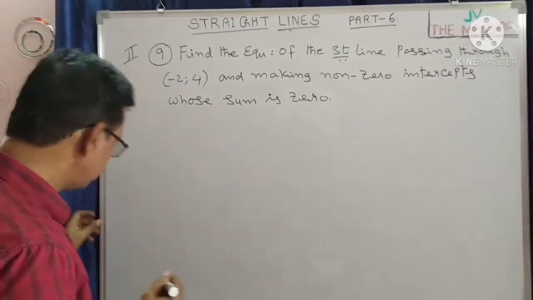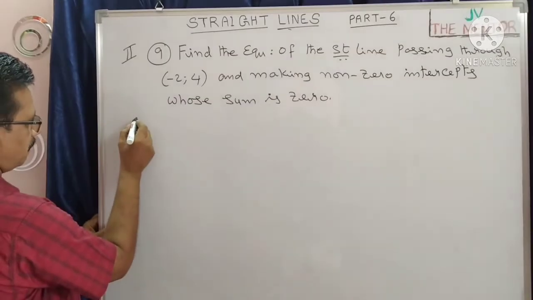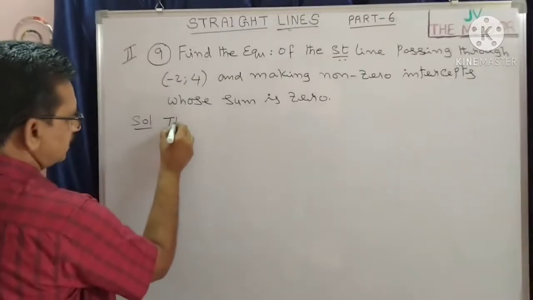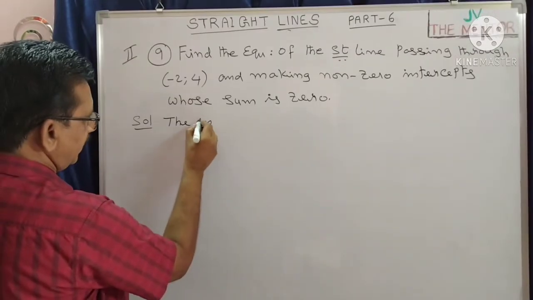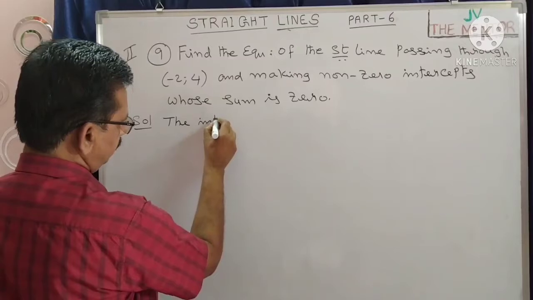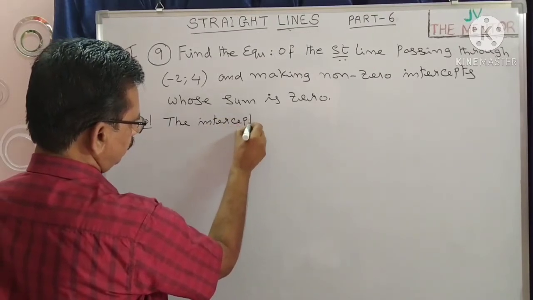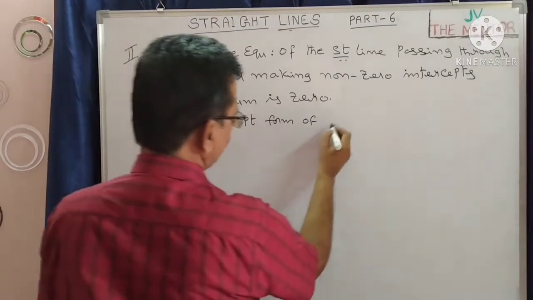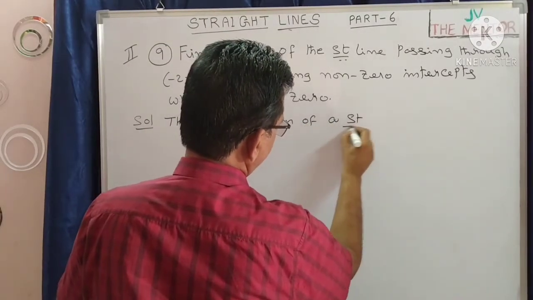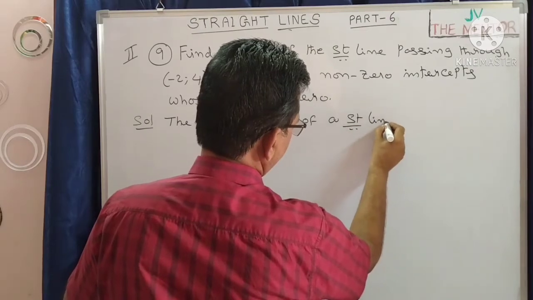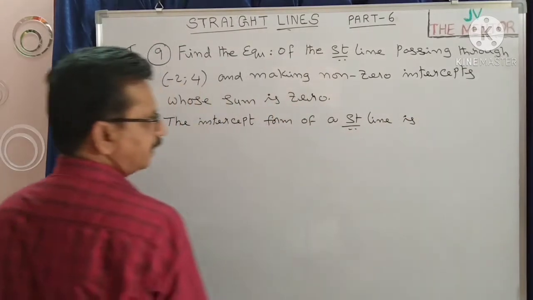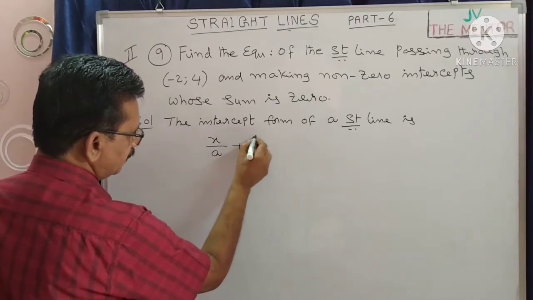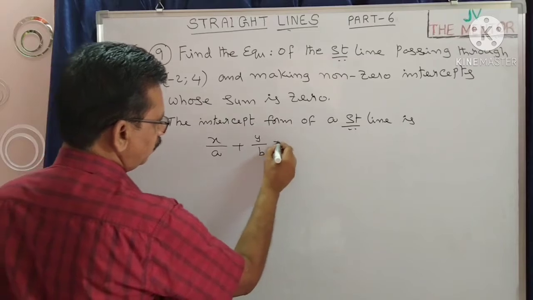Okay, write down. Solution. Taking the intercept form of a straight line, what is the intercept form of a straight line? x by a plus y by b equal to 1.